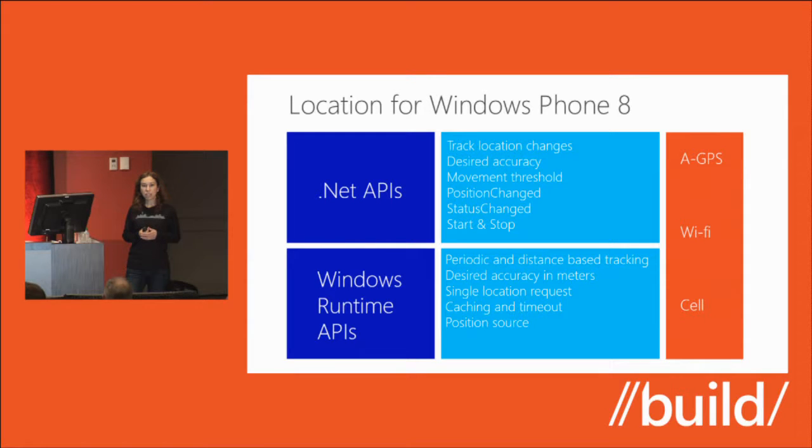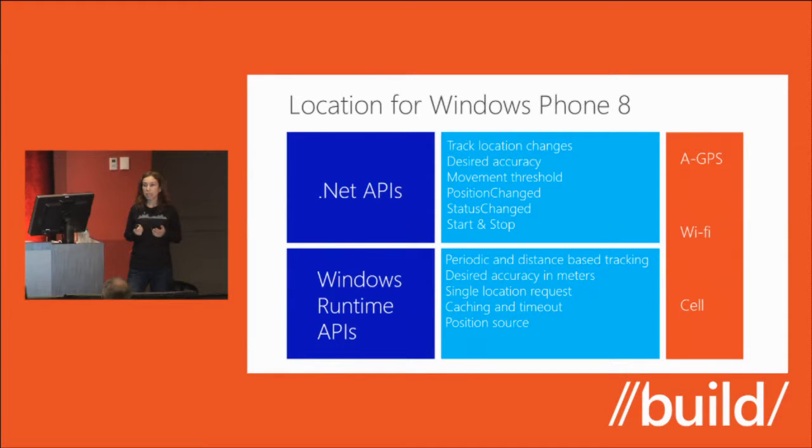You can set the desired accuracy in meters, and best of all, you can read the current location in a single location request. When you do that, you have the ability to decide on whether to use cache data, and you can set the maximum acceptable age of the data in the cache. And you can also set the timeout, which is the time that your application is willing to wait until the asynchronous API comes back with results.